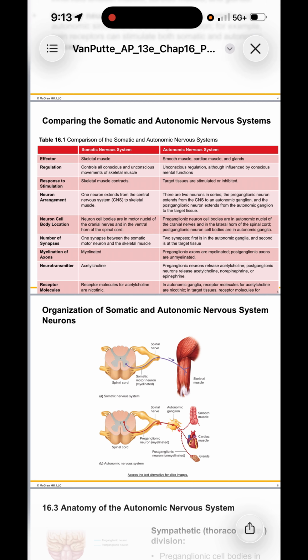Autonomic nervous system, preganglionic axons are myelinated. Postganglionic axons are unmyelinated. Neurotransmitter. Somatic nervous system, acetylcholine. Autonomic nervous system, preganglionic neurons release acetylcholine. Postganglionic neurons release acetylcholine, norepinephrine, or epinephrine.